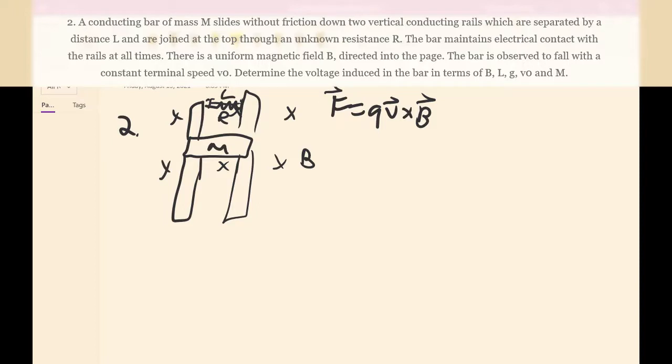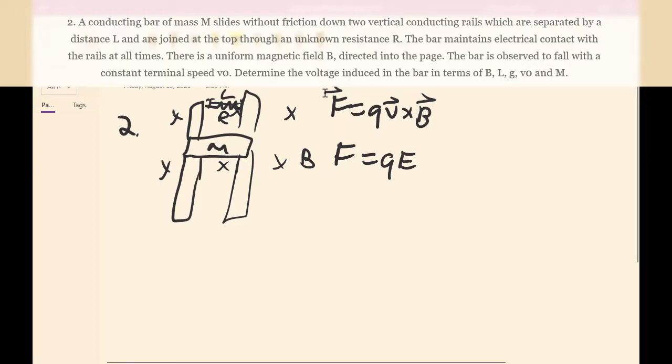We also know that F is equal to qE, where E is the electric field. This is also something really standard that you should probably know.